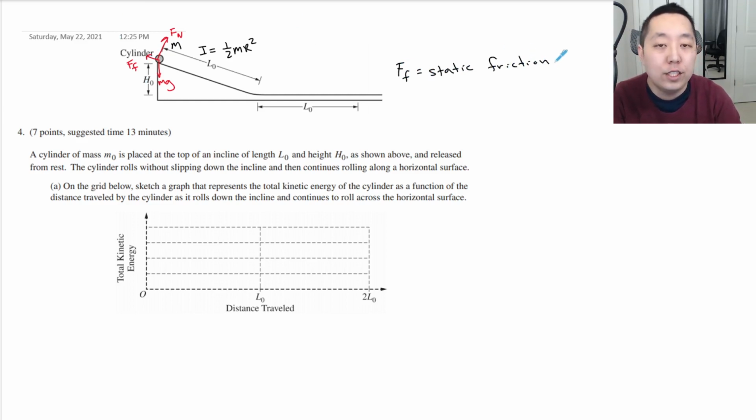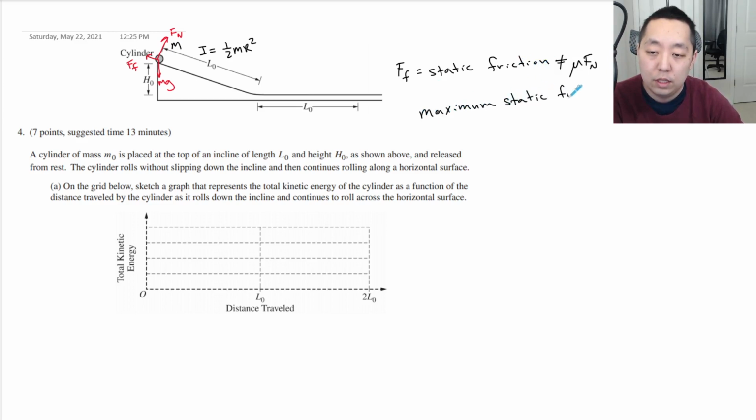Static friction is a tricky friction, because static friction does not equal mu times the normal force. This is another big misconception. Static friction is a reactive force. What it really means is the maximum static friction is equal to mu s times Fn, where mu s is the coefficient of static friction.